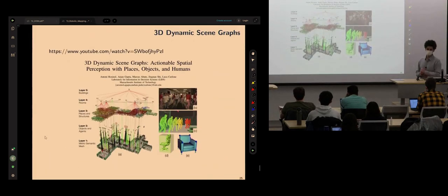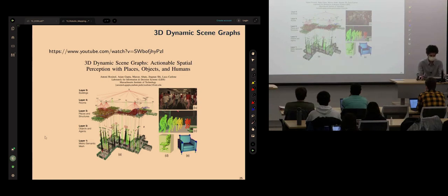Something more recent from Professor Carlone's group at MIT, this 3D scene graph, is very nice because they modernized some of the ideas in the literature and they added more features and knowledge, with a good presentation, to have a modernized way of visualizing and understanding the scene.